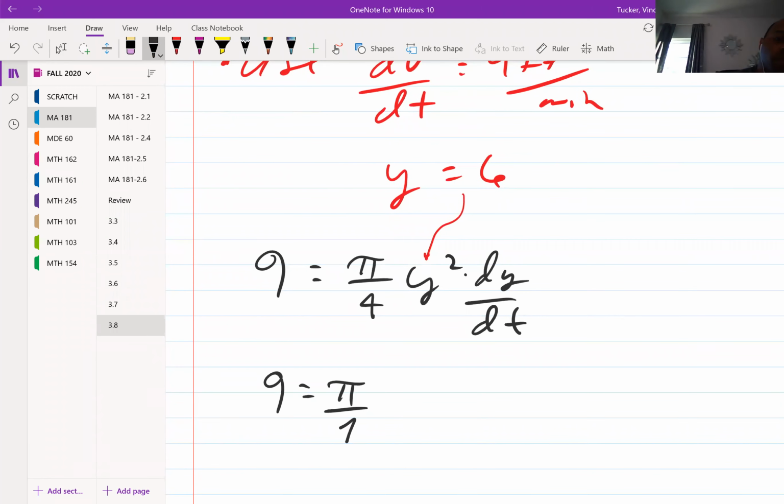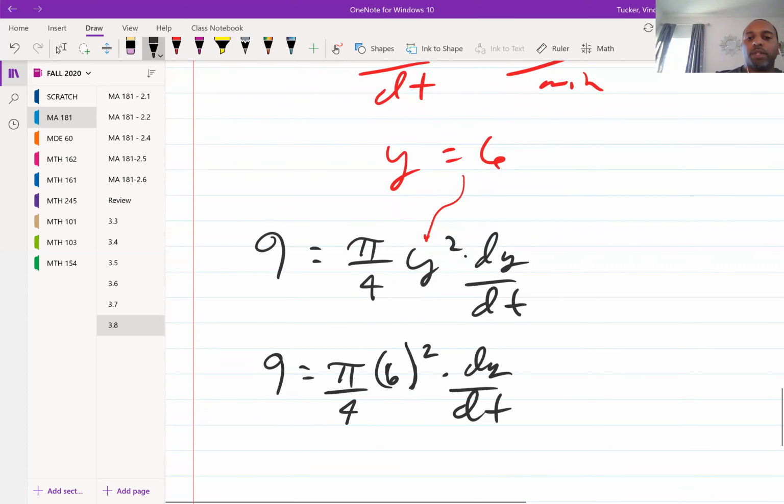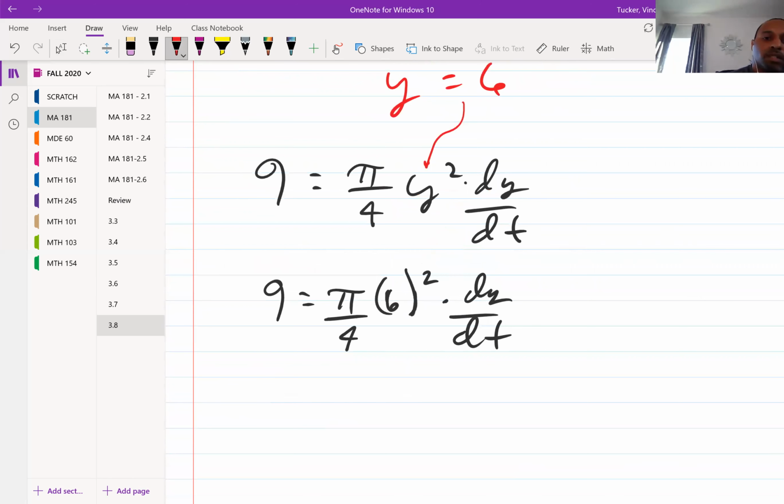So it's pi over 4, 6 squared, dy/dt. And what we can do now is solve for dy/dt.